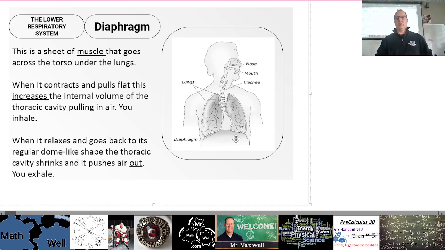And then when it loosens, it causes a shrinkage of that cavity and air gets expelled. So when it contracts, it pulls flat and increases the internal volume. When it relaxes, it goes back to its regular dome-like shape. The thoracic cavity shrinks and pushes air out. That's when you exhale. So your diaphragm under there helps your lungs to expand and contract, in, out, in, out.